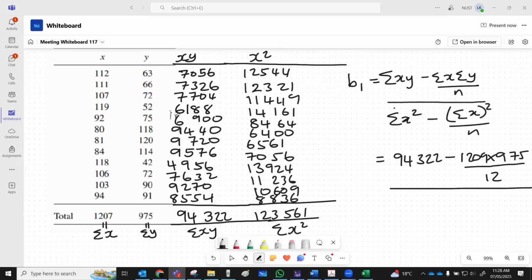And then we divide this by the sum of x squared, which is 123561, minus the sum of x squared. So the sum of x is 1207. You square it, and then you divide by 12.